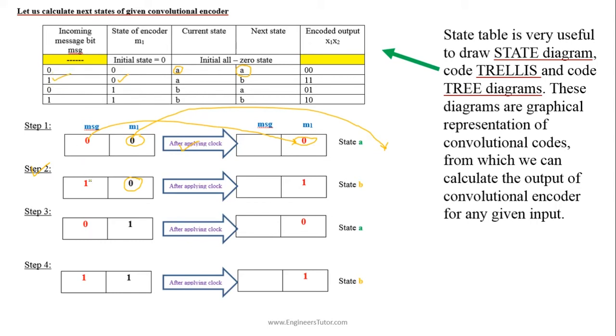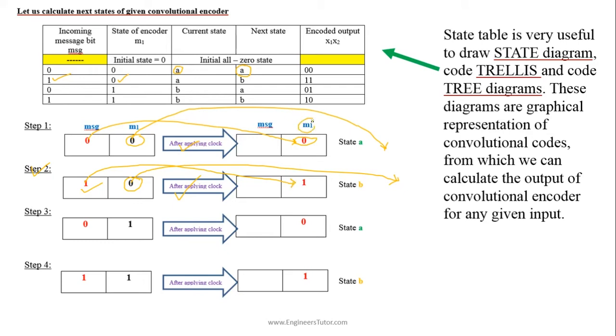In the second step, we assume the initial state is 0 and the incoming bit is 1. These are the contents of the shift register. The state will change after applying the clock. This 0 will be discarded and this 1 will come to the M1 place.